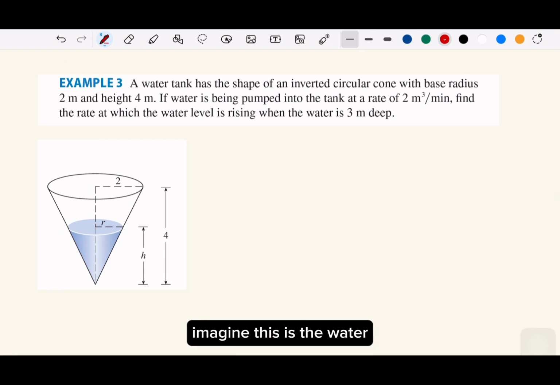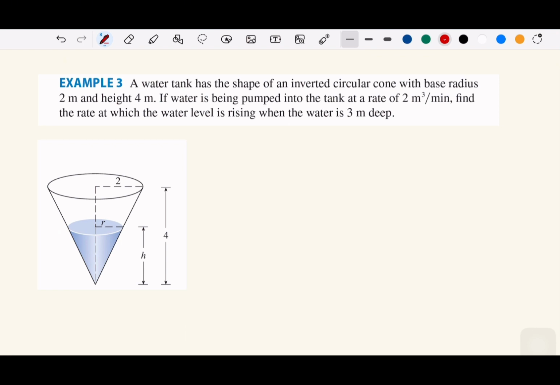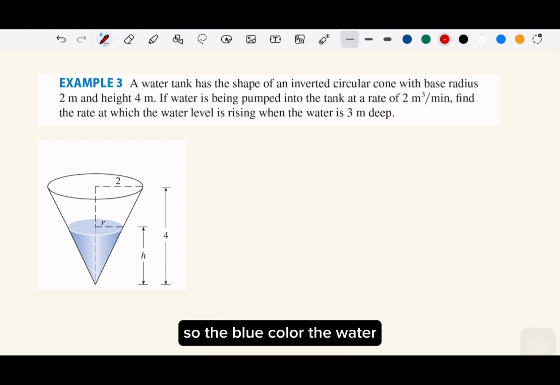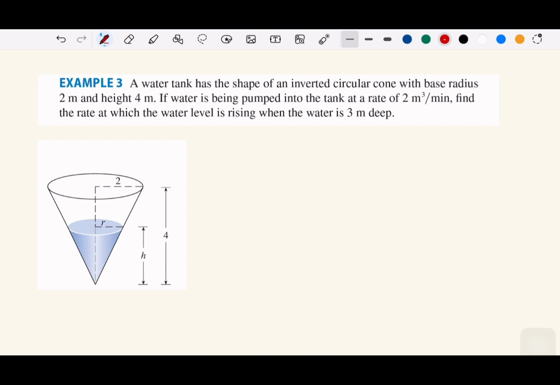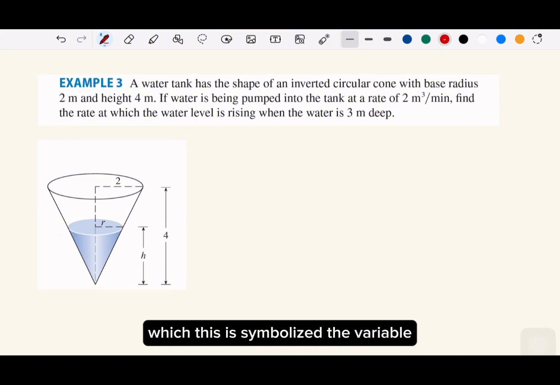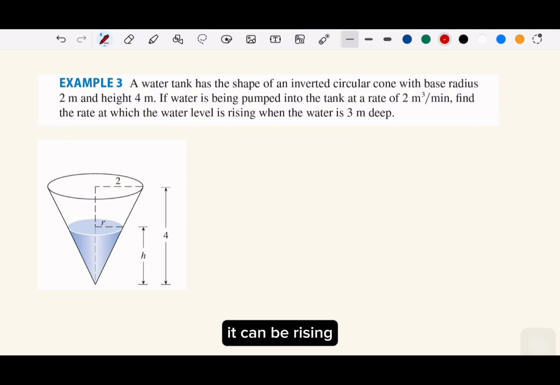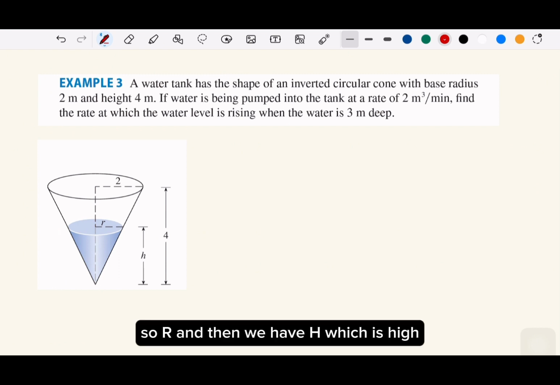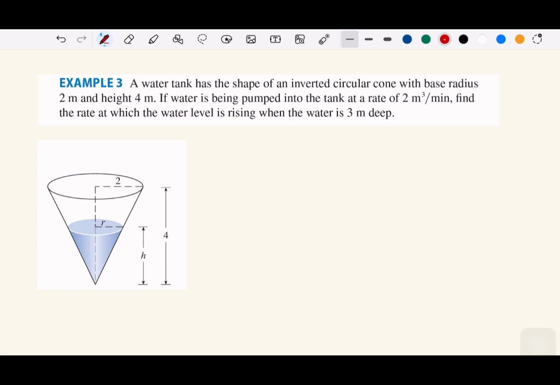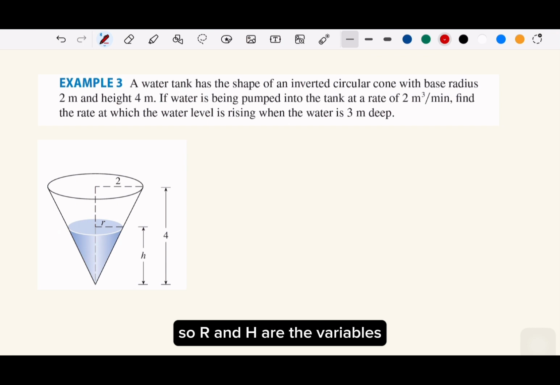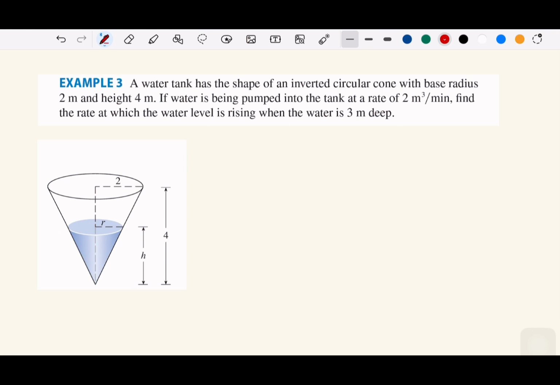Imagine this is the water in the water tank. So the blue color is the water, we have another R, which symbolizes the variable, which means that it can be rising. So R, and then we have H, which is height. It's also a variable that can be varied. So R and H are the variables.